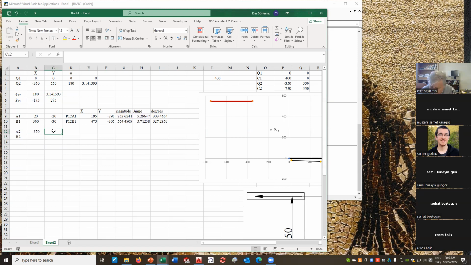For the y coordinate, it is equal to the y coordinate of P12 plus the magnitude of P12 A1 times the sine of the angle for the first position. To that, I will add phi 1, 2. Okay?